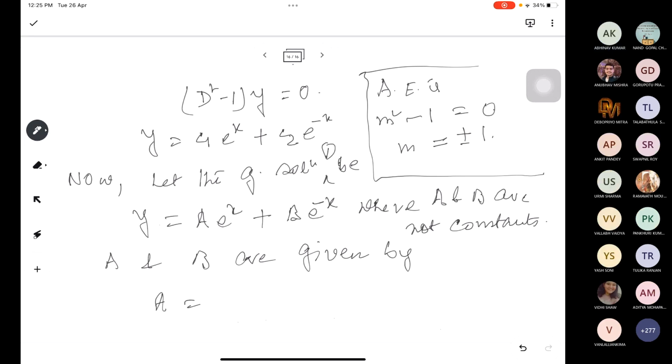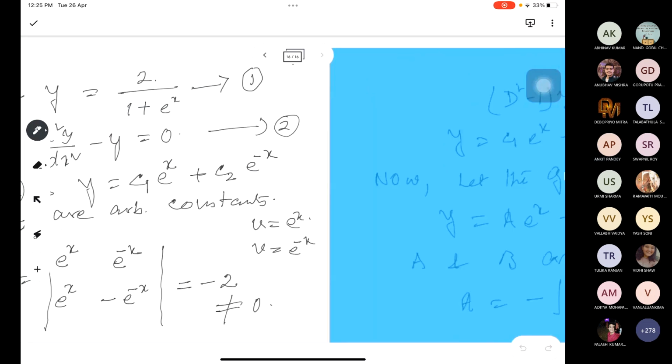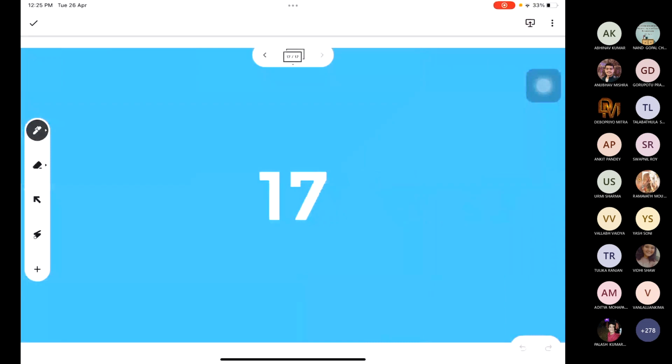A is equal to minus the integral of v R by W dx plus C1. So what is our R here? R is 2 by 1 plus e to the power x.